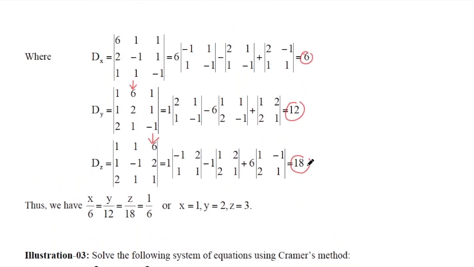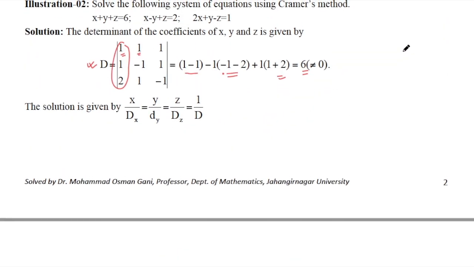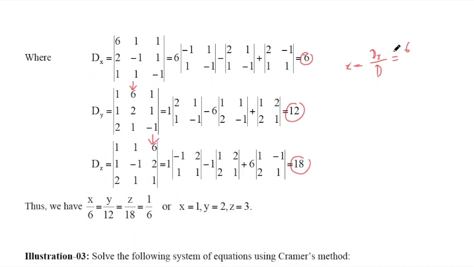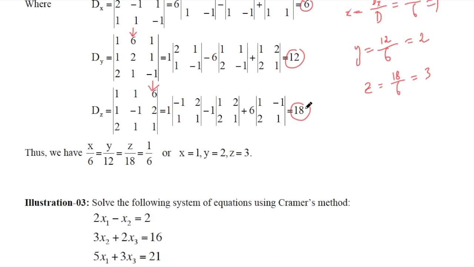Therefore x equals dx by d, dx 6 and d also 6. So 6 by 6 equals 1. y equals dy by 6, which is 2, and z equals dz by 6, which is 3. So the solution of the given system by Cramer's rule is 1, 2, 3.